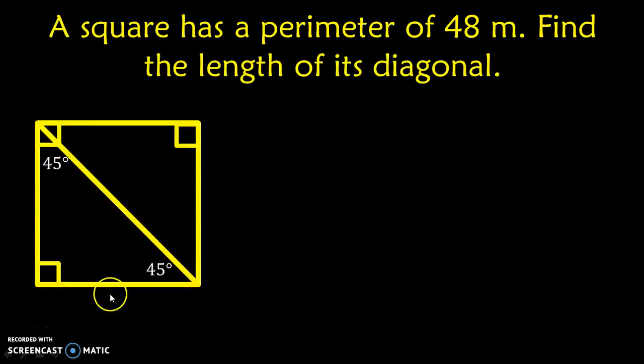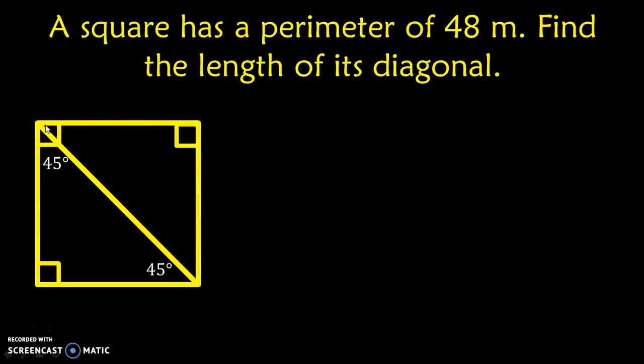Okay, another example. A square has a perimeter of 48 meters. Find the length of its diagonal. We know for a fact that the perimeter is the distance around the polygon.